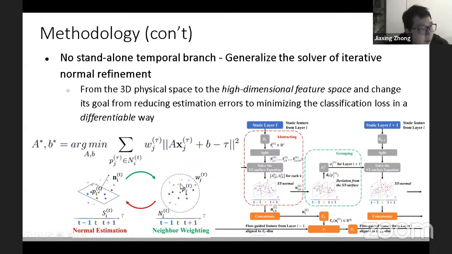For example, when we have a small weight for a point, we will attach less importance to this point when we calculate the surface. And by doing this, the noises or the irrelevant points can be reduced.